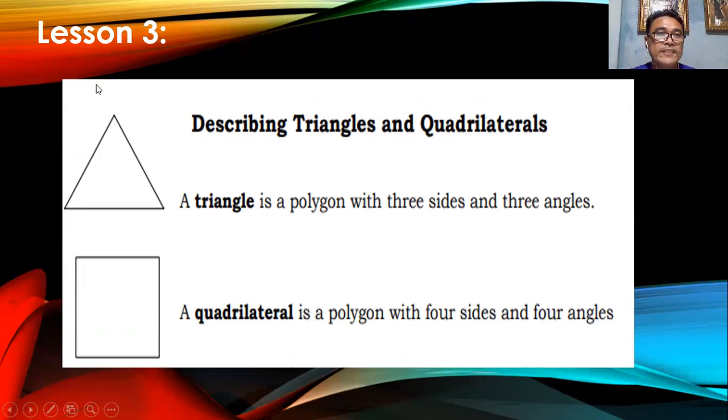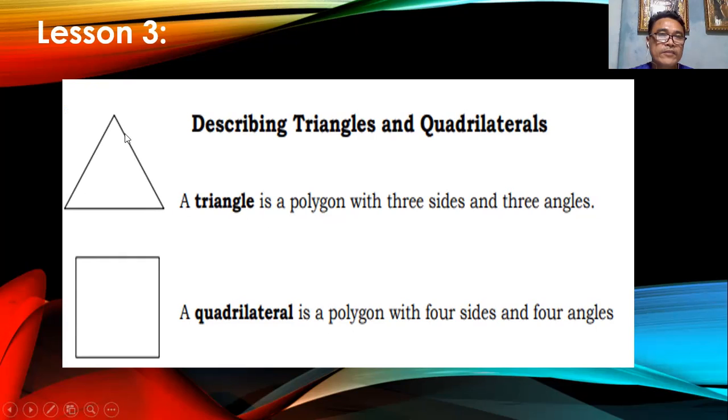We will be discussing lesson 3, describing triangles and quadrilaterals. Look at this figure. This is a triangle. A triangle is a polygon with 3 sides and 3 angles. It has 3 sides.